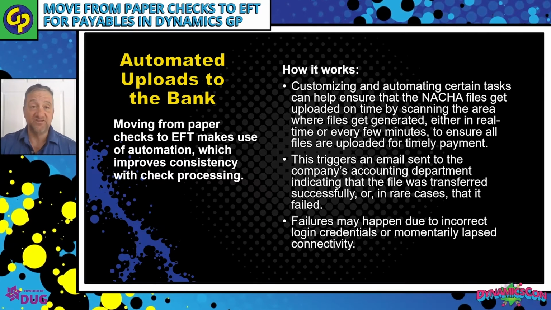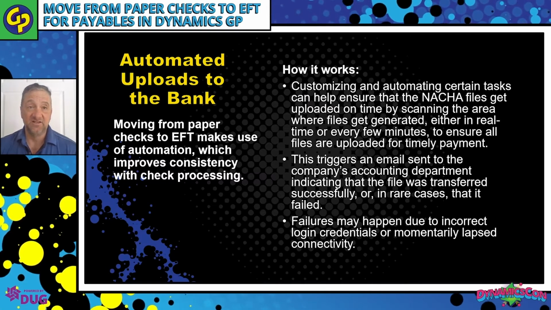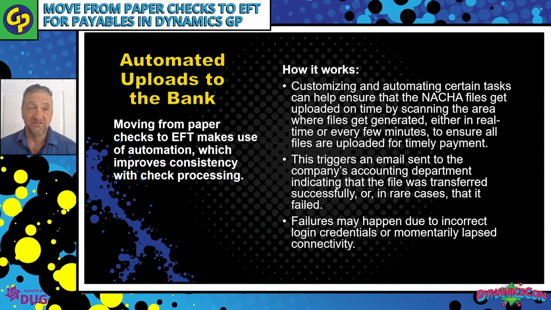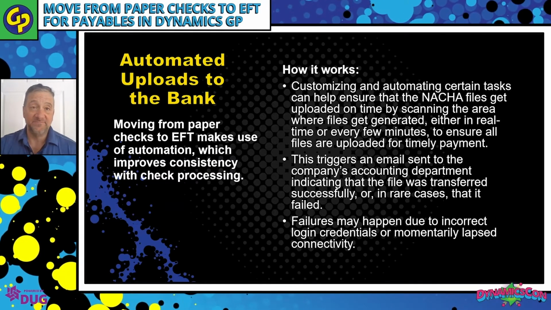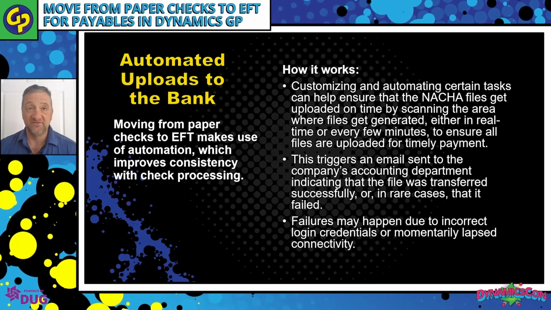This process triggers an email sent to the company's accounting department indicating that the file was successfully transferred, or in rare cases, that it failed. Failures may happen due to incorrect login credentials or momentary lapses in connectivity.